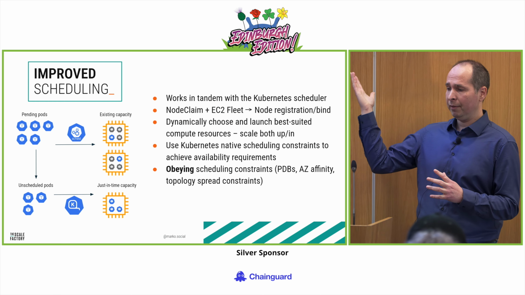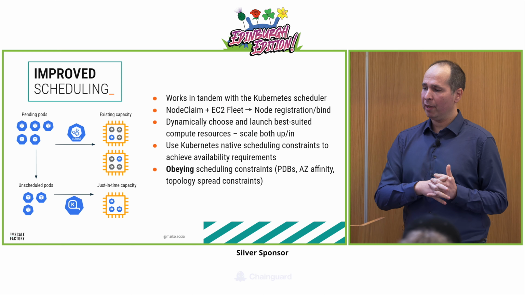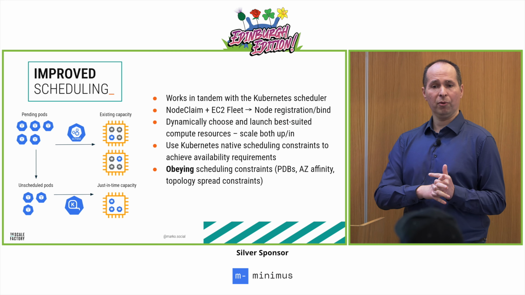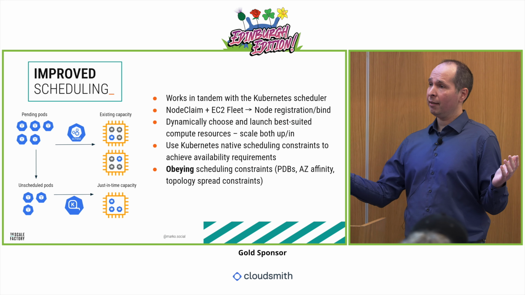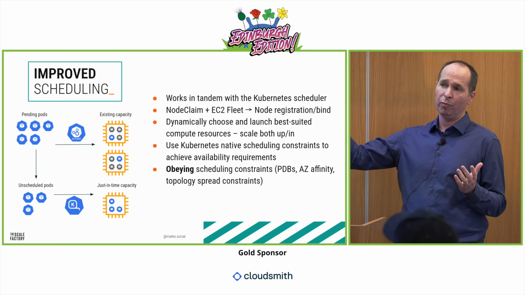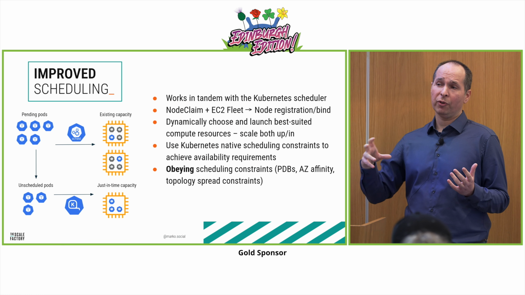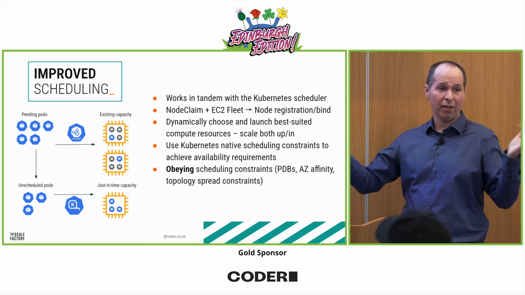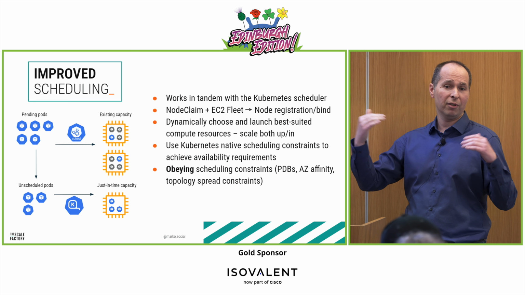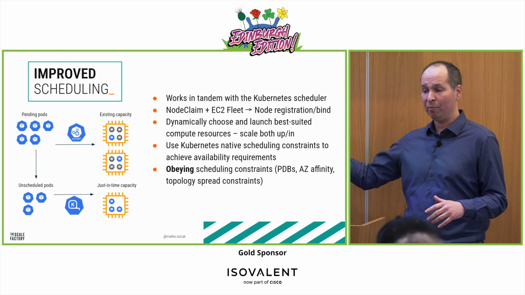Like I mentioned earlier, it dynamically chooses and launches the best-suited compute resources, so it supports scaling both up and down as well as in and out. What I mean by that is it's adding capacity and removing capacity, and it can also scale down to zero if required. If you don't run any workloads, it will take all the compute away, and as soon as you want to schedule something, it will add compute back in.